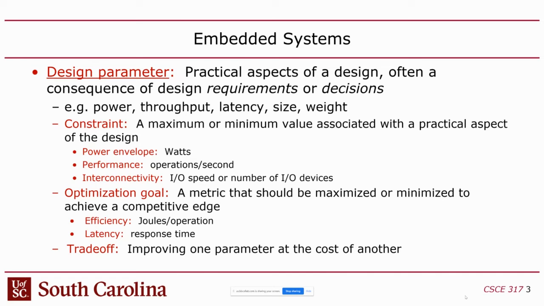But there's also constraints like interconnectivity, where the I/O speed might be a requirement, how fast you can get data in or off the chip, or it could be latency, like how fast can I expect to get an answer after I send an input into a chip. So you may not care about the throughput, the rate at which I can process requests, you may only care about the latency.